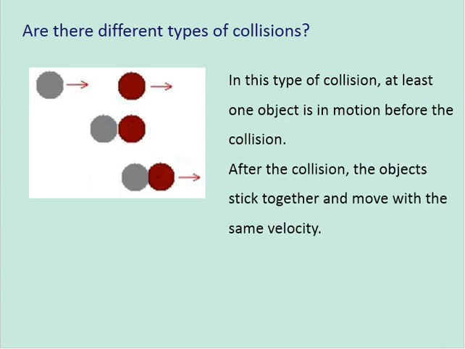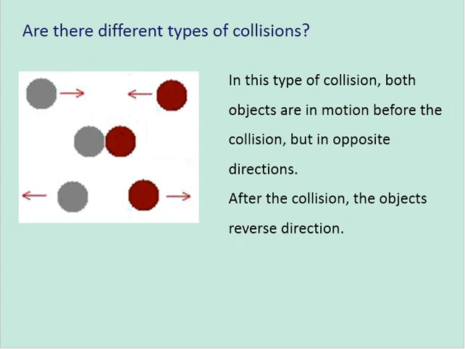The second type of collision is again where at least one object is in motion before the collision, but after the collision they stick together and act as one. That means that after the collision you really only have one velocity because they both move with the same velocity after the collision. This is the car rear-ending the car at rest at the stoplight, but they stick together and they act as one car coming out of the collision.